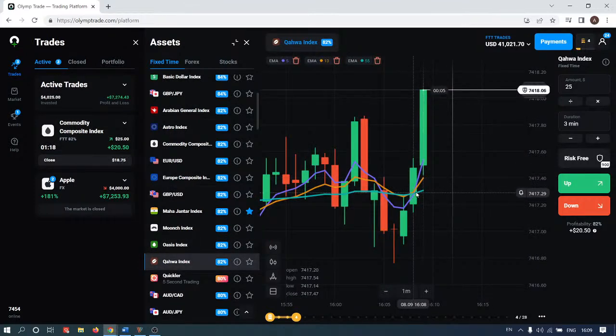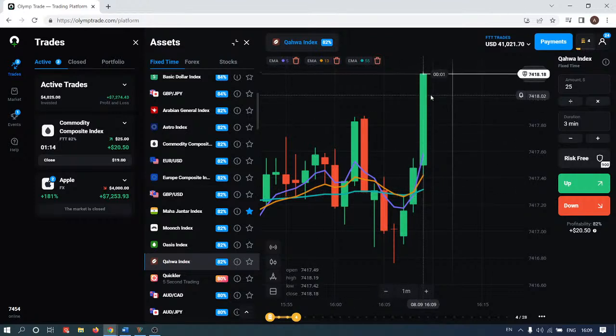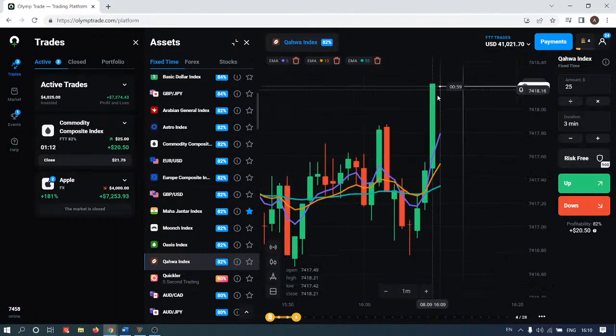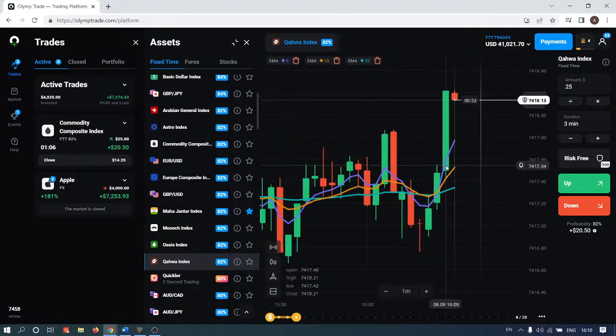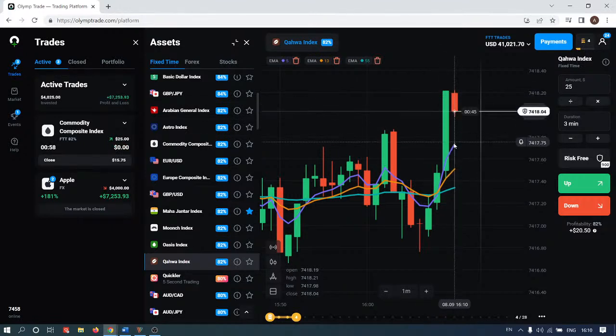And we're a little bit too late with this Kahwa index, because now it's way high up in the sky, and you don't really want to open here. Even though the momentum is going upwards, you might enter in a pullback, where it drops, then reverses and continues.